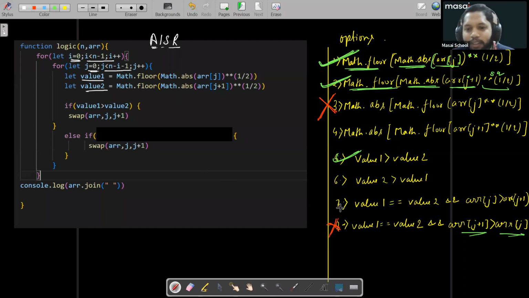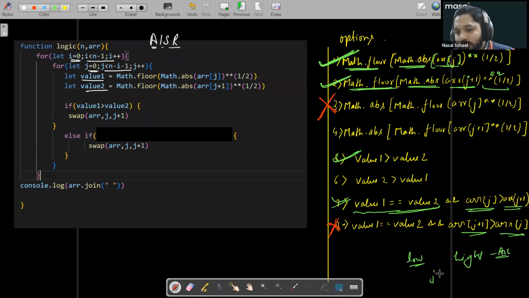If you find array j is greater than array j plus 1, then you need to swap it. Because if I find that values are equal, then what do I need to do? Lowest should be the lowest and highest should be the highest. That means this is ascending order. So if I find the jth element is greater than j plus 1, then I need to swap. So the second last is correct. Thank you, Sonali.